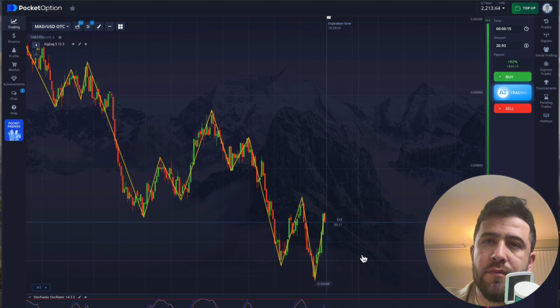We see here an uptrend appeared, we don't go against the trend, but let's see how this candle works out. After this candle we can decide.